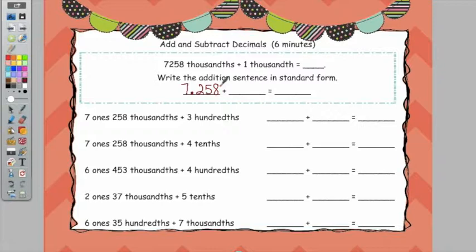Okay. Underline the place value I'm adding. What is the place value I'm adding? Thousandths. So I want to draw an arrow to that place value. Did you get it? Okay. Then we're adding how many thousandths? That's quite simple, isn't it? Okay.